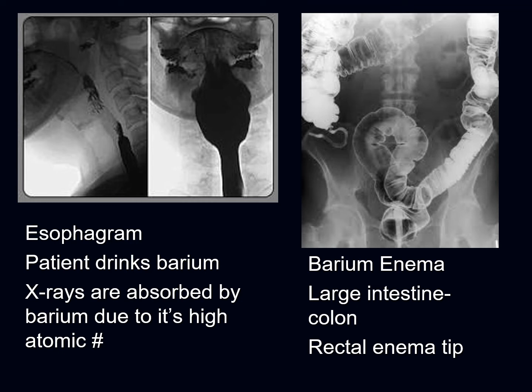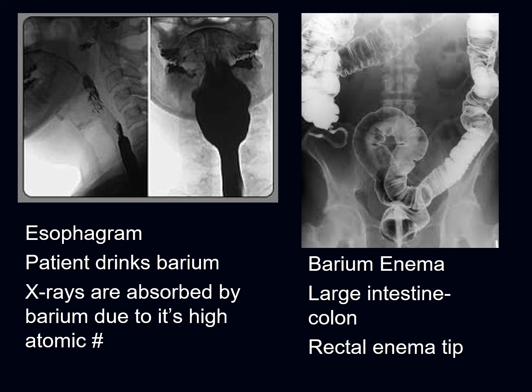The technologist will assist the radiologist during fluoroscopy exams. The esophagram and barium enema procedures are conducted using a contrast called barium. During an esophagram procedure, the patient will put the barium in their mouth, and the radiologist will take images as the patient swallows the barium.